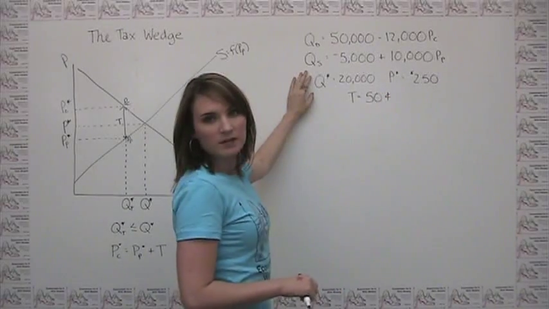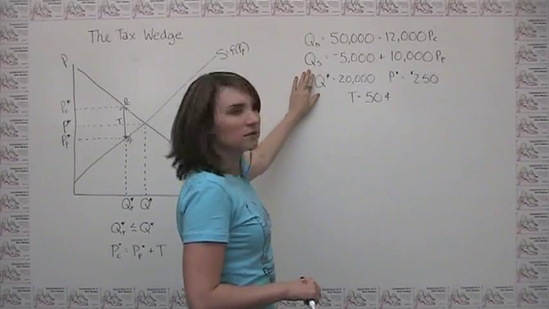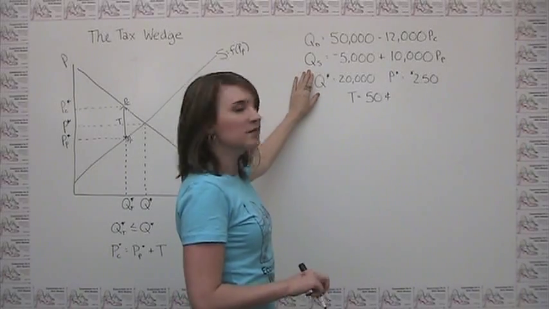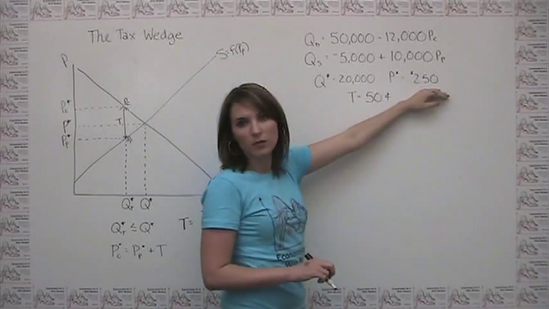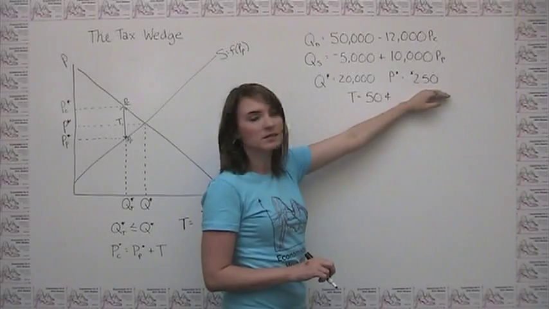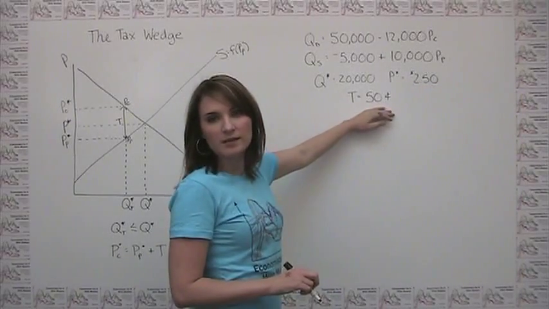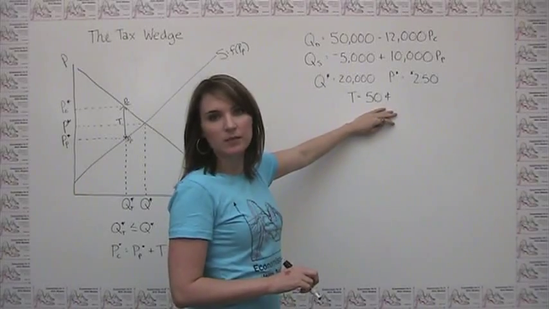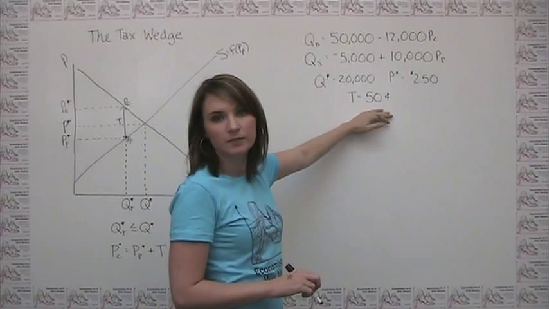We've shown a couple times before, so I won't be too repetitive here, that the original equilibrium quantity before the tax was 20,000 and the original equilibrium price was $2.50. And then what we did was we asked the question, what happens in this market when a tax of 50 cents per unit is put in place?